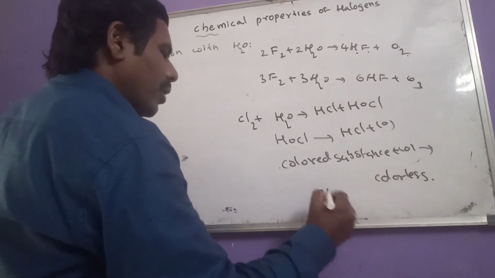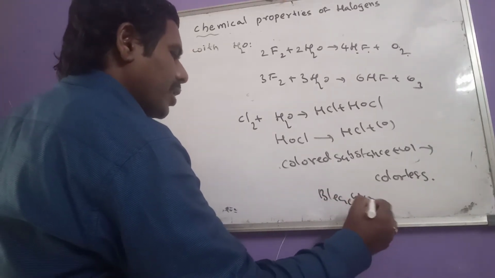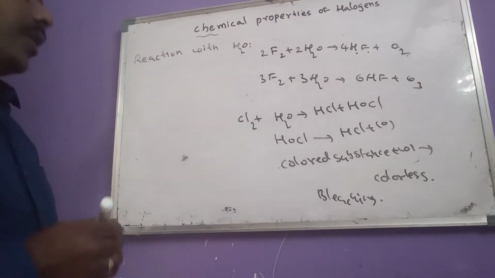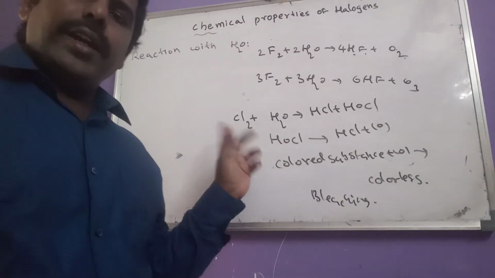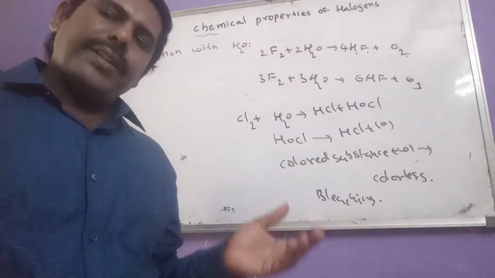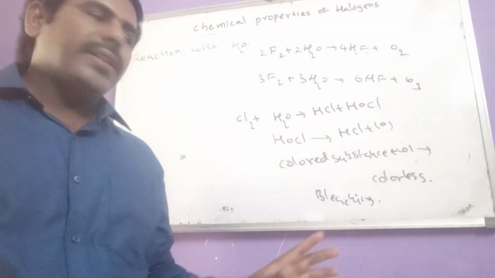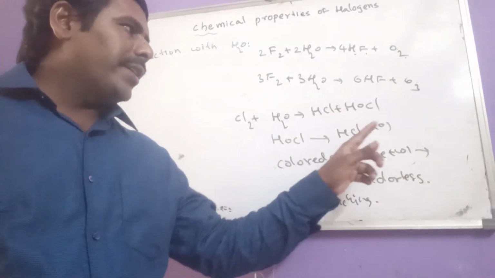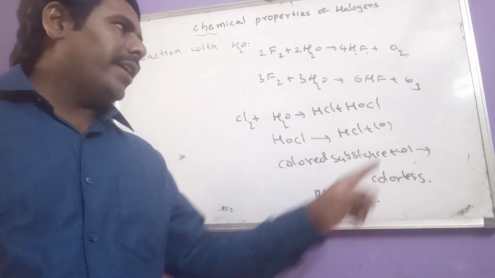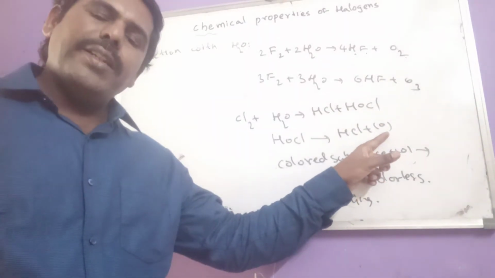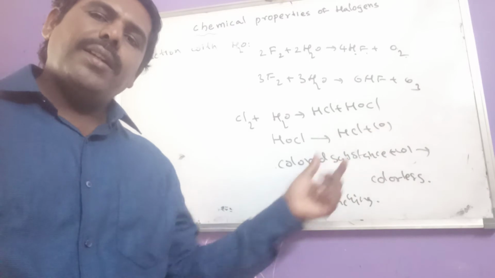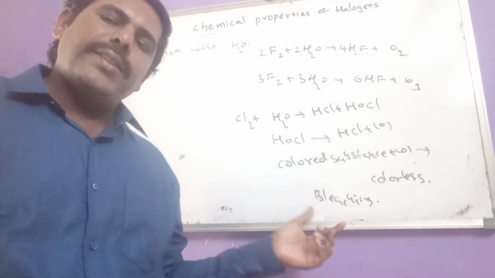This is known as bleaching action. So chlorine in the presence of moisture acts as a bleaching agent by its oxidation property, because we observe this bleaching action by the addition of nascent oxygen.